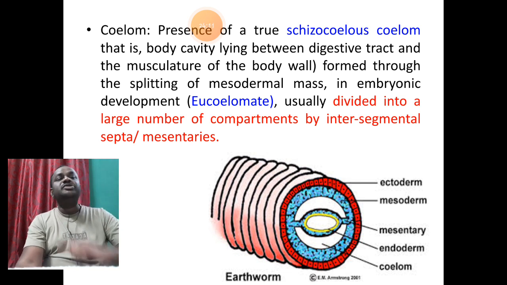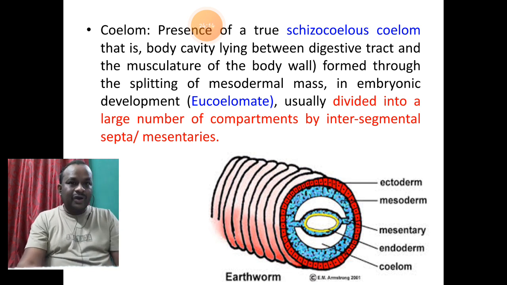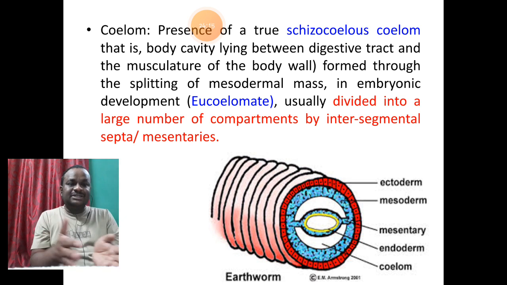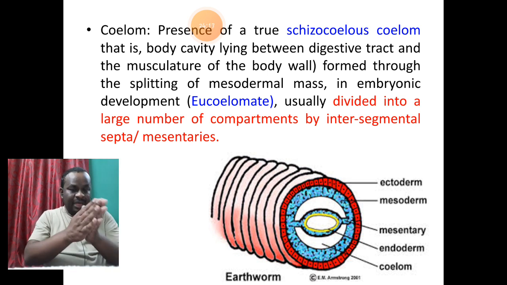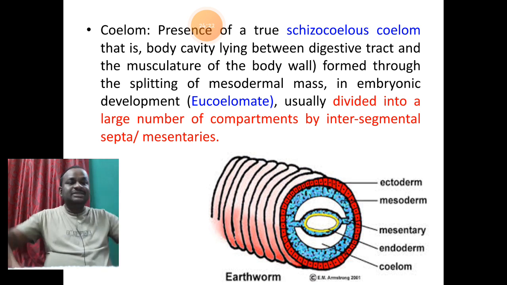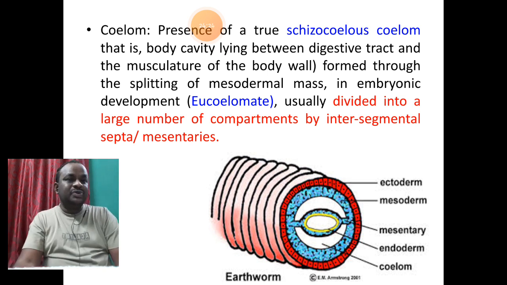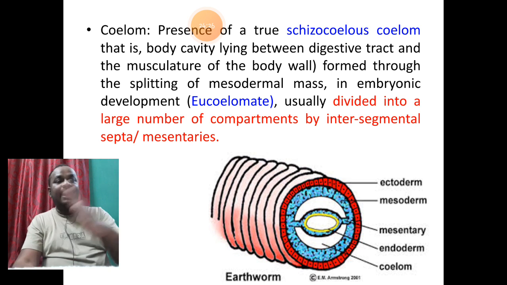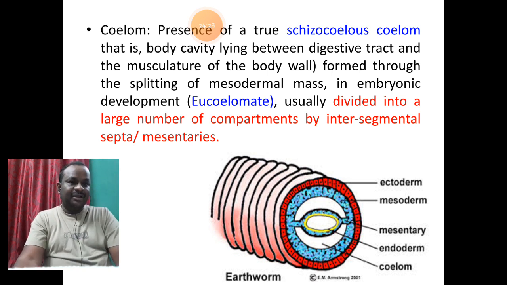It is called a schizocoelous coelom because this schizocoelous coelom refers to the true body coelom which is lined by the mesoderm between the body wall and the inner alimentary canal. So this is about the importance of the coelom structure.